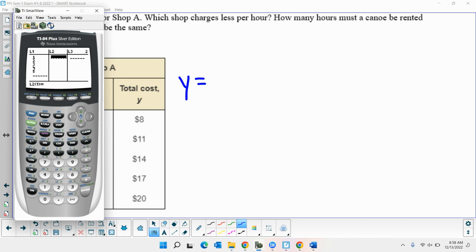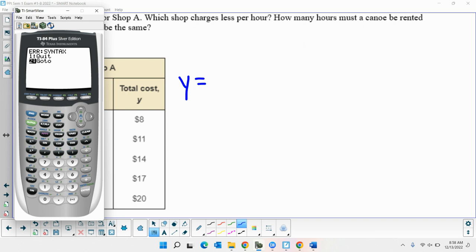And then move over and put your numbers in: 8, 11, 14, 17, 20. All right, go back to stat, over to calc. And oops, I didn't hit 4, sorry. Stat, calc. Again, it's a linear regression for this one.